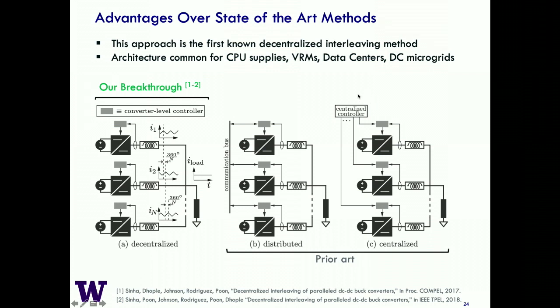If you look at the semiconductor manufacturers that make chips that manage these things, this is the way it's done. There's some recent work in the academic world where you use communication buses to kind of spread out these things, but as far as I know, in industry that hasn't been done. And then this is our breakthrough here. This is the first fully decentralized way of doing this interleaving approach.